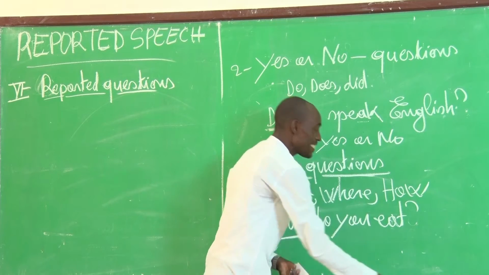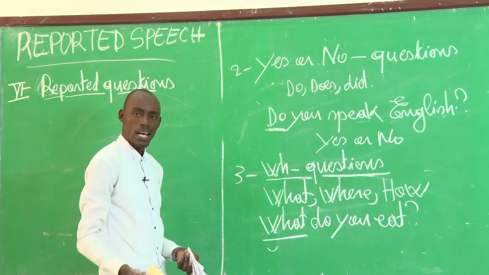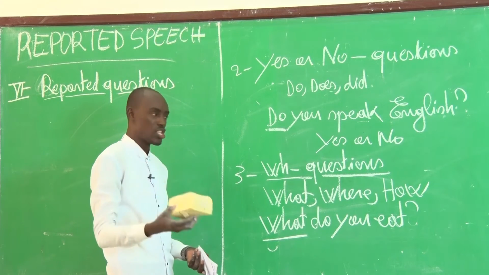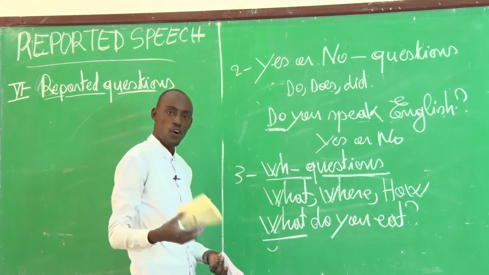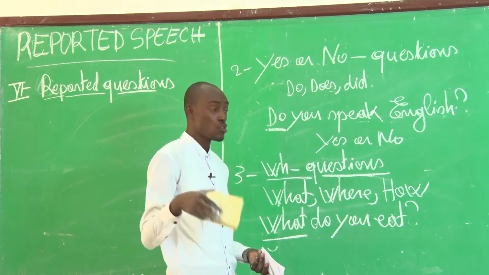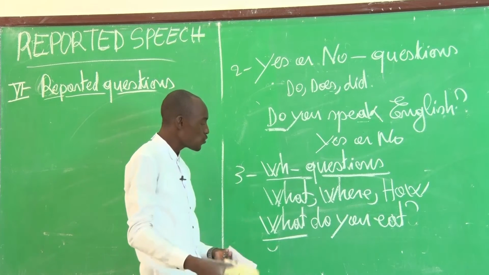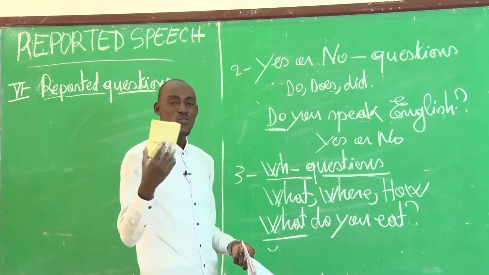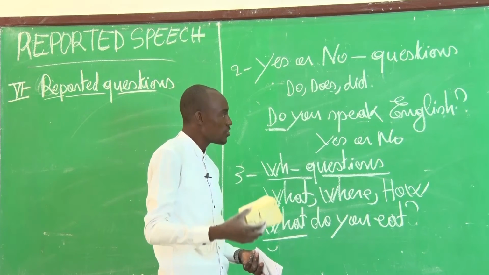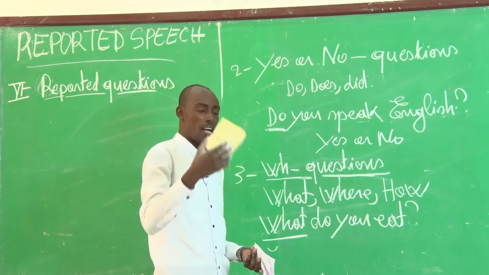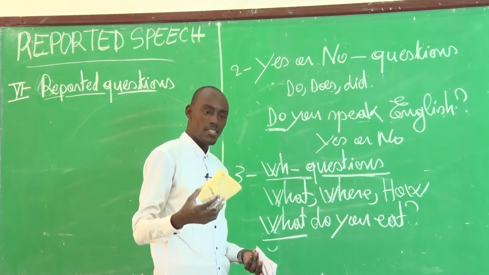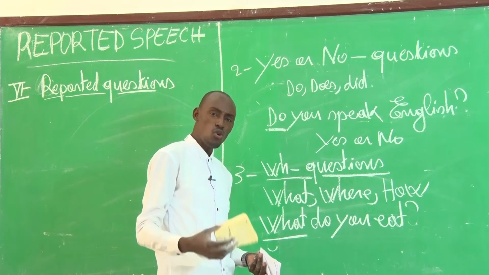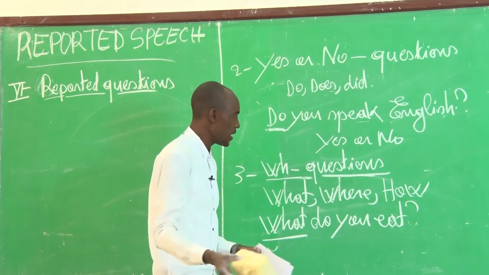Now, let's see how we can report questions. It is the objective of our lesson for today: how to report a question, how to report a yes or no question, how to change a direct speech, which is a yes or no question, into a reported speech.